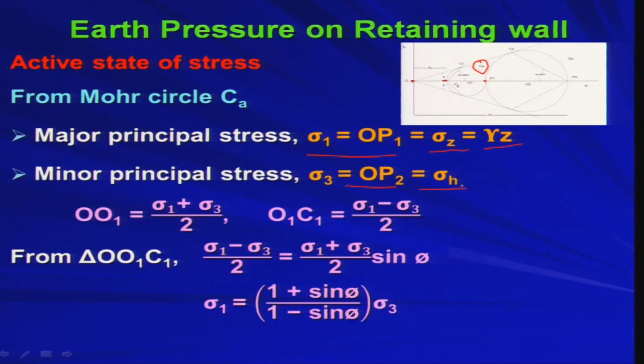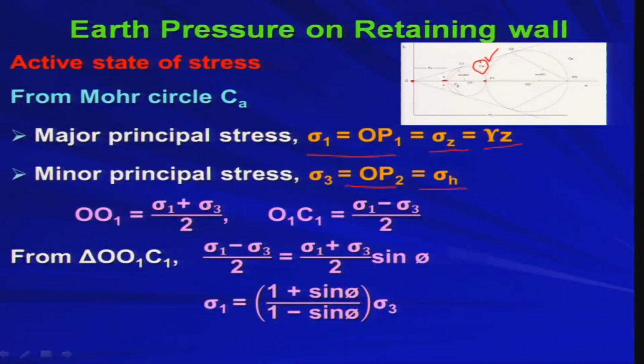Now, from the Mohr circle representation, whatever Mohr circle we have drawn, because we have already seen that in case of active state you are getting the failure, of course, the Mohr circle must touch the failure envelope. Agreed. So, the Mohr circle is the maximum possible state of stress in case of active state.